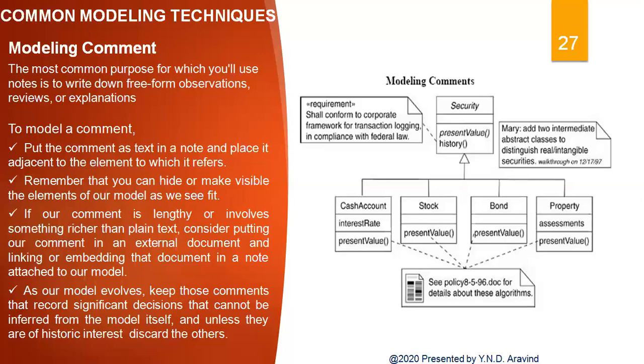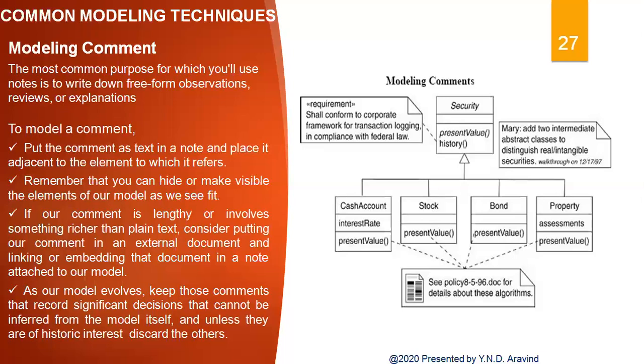Then we need to remember that we can hide or make visible the elements of our model as we see fit. This means that we don't have to make our comments visible everywhere they are attached.